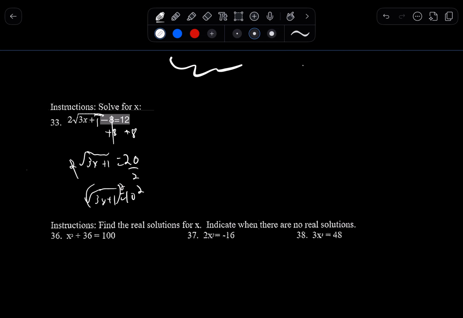Squaring it gets rid of the square root and brings the number out. So 3x plus 1 equals 100, because 10 squared is 100. 3x equals 99, x equals 33, and that is your answer.